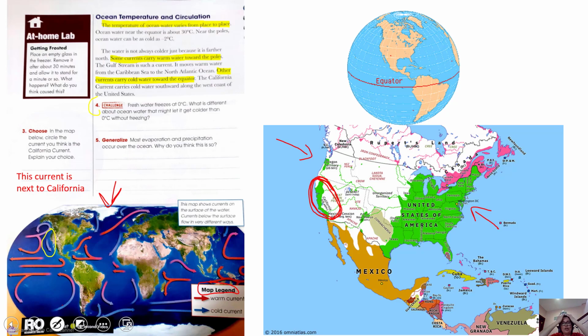What does it mean? I'm going to explain number 4 for you to be able to answer. Fresh water is the water that you can drink, and that water becomes frozen, becomes ice, at 0 Celsius degrees. But that does not happen with salty water.